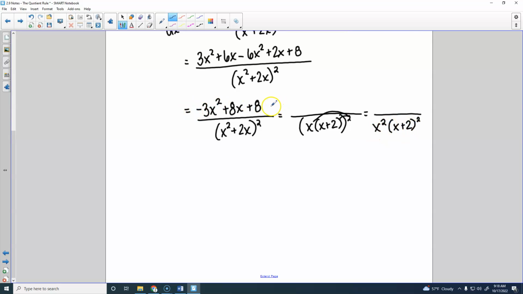Let's just make sure this won't factor. So I'm going to factor out negative 1. So 3x squared, I'm sorry, minus 8x, minus 8.